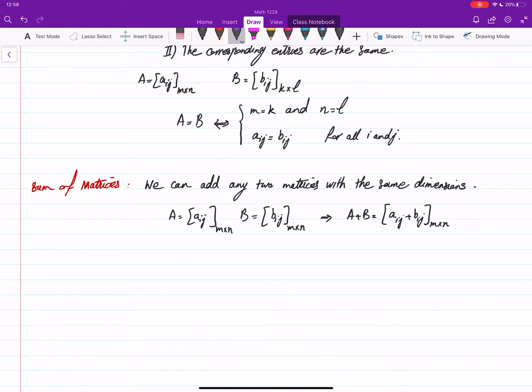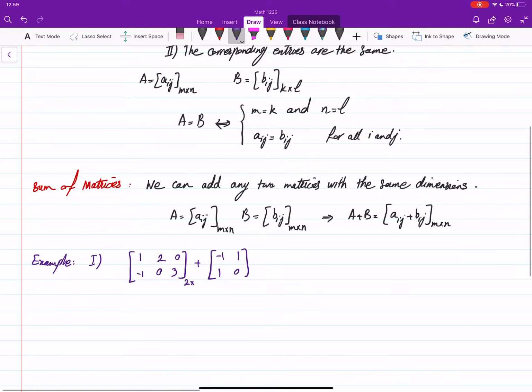Let's just see an example. First, if I want to add the matrix 1, 2, 0, -1, 0, 3 to the matrix -1, 1, 1, 0, this is not defined, because the number of rows for the first one is 2 and the number of columns is 3, while for the second one it is 2 by 2.